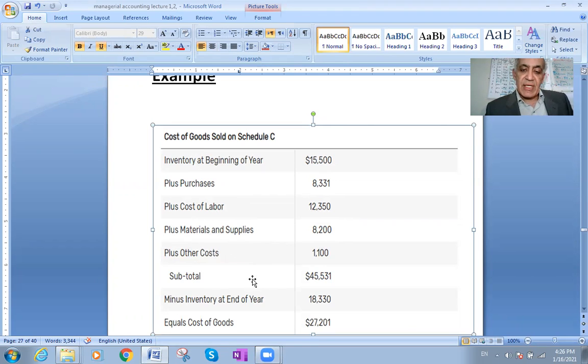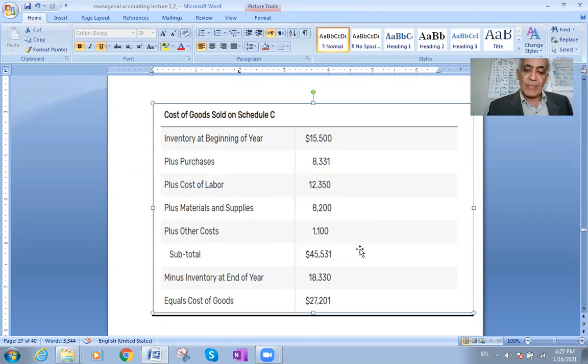The subtotal will be 15,500 plus 8,331 purchases plus cost of labor 12,350 plus materials 8,200 plus other costs, whatever they are, administrative costs or whatever they have been. Those all together will come to 45,531.